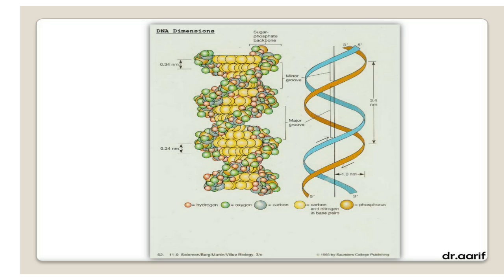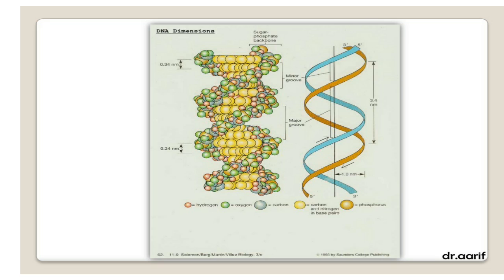See the detailed structure of DNA. The length of one coil of DNA is 3.4 nanometer or 34 angstrom. The width is 20 angstrom, and in one coil there are 10 base pairs.